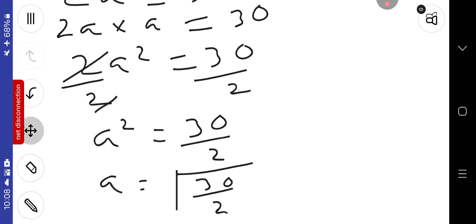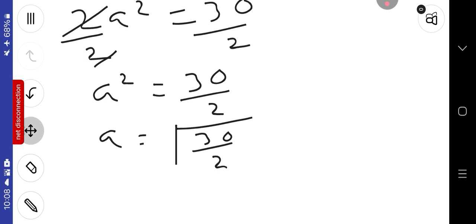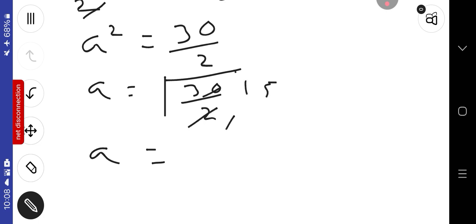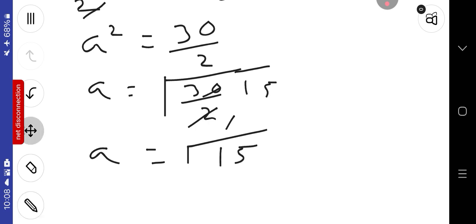So this would be the value for A. Now that we know A to be root of 30 over 2, let's solve this further. So this will give us A is equal to root of 2 cancels as 1 goes here, 15. So it means A will be root of 15. Are you there?